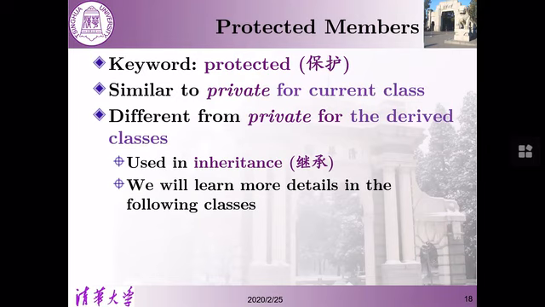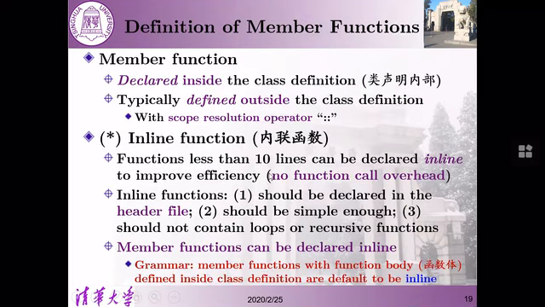For protected members, it's similar to private actually, but something is different when we learn inheritance. We will learn this later, okay? And then the member functions are declared in the class definition and typically defined outside the class definition with a scope resolution operator. We will learn this later. We have examples.